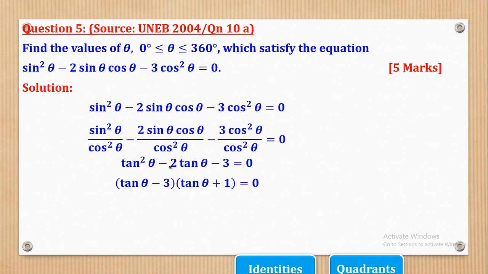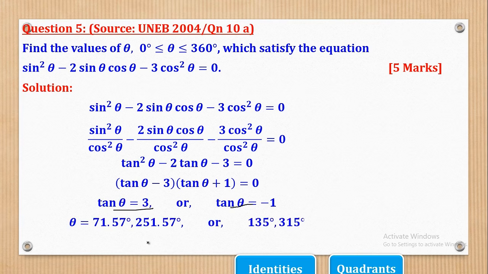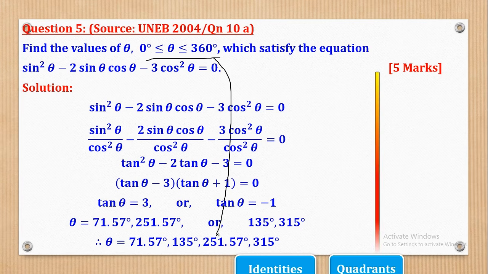When I factorize, I'll come up with that, and those are the two values of tan theta. Therefore, for this value of tan theta, these are the angles, and for this value, these are the angles. By now, I believe you know how to use the quadrants to get the multiple angles. So for this range, those are the values of theta, and basically that's what they wanted.